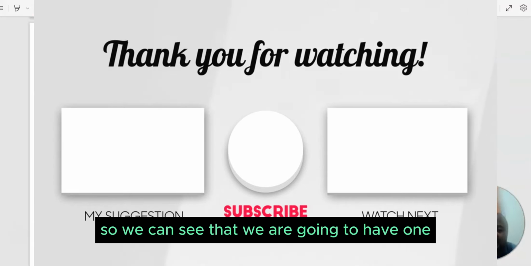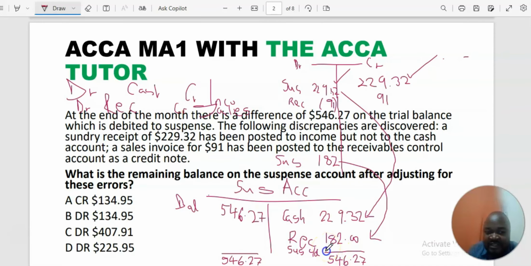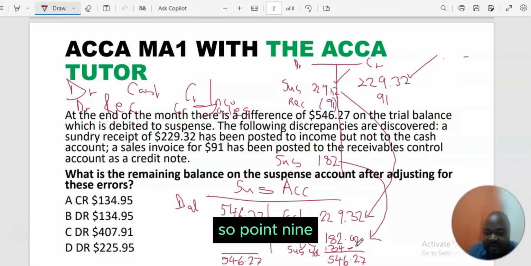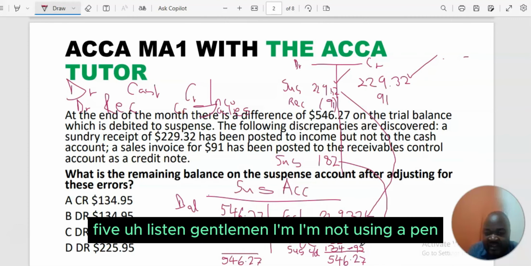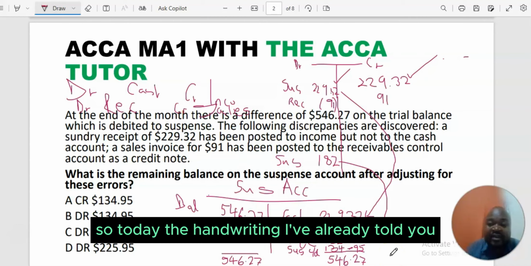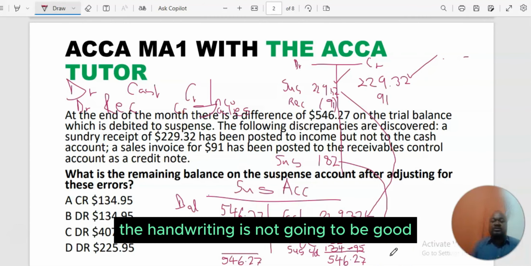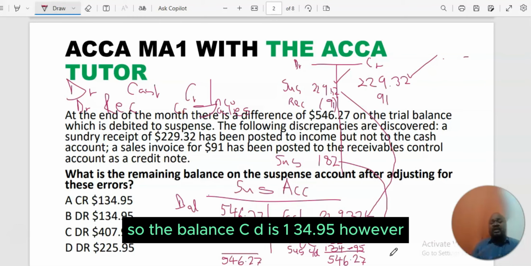So we can see that we are going to have 134.95. Ladies and gentlemen, I'm not using a pen, so the handwriting, I've already told you, is not going to be good. So the balance CD is 134.95.